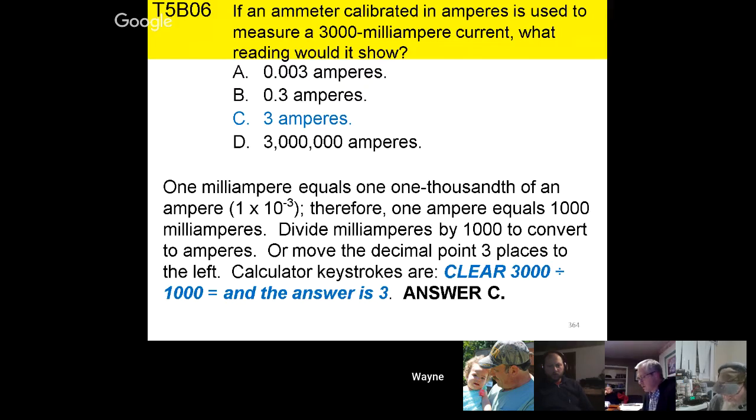Therefore, 1 ampere equals 1,000 milliamps. Divide the milliamperes by 1,000 to convert to amps, or move the decimal point 3 places to the left. That's all you've got to do. It's pretty simple stuff, as long as you remember you're moving a decimal point three spaces at a time.